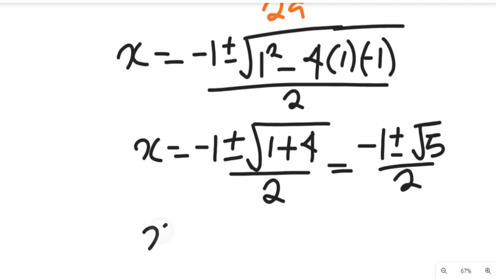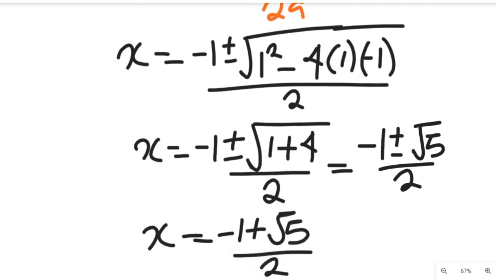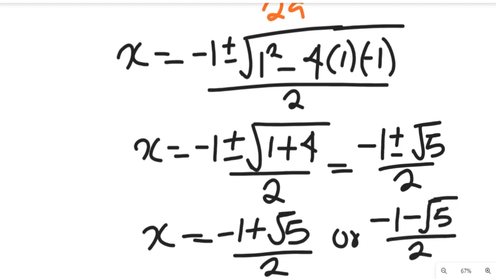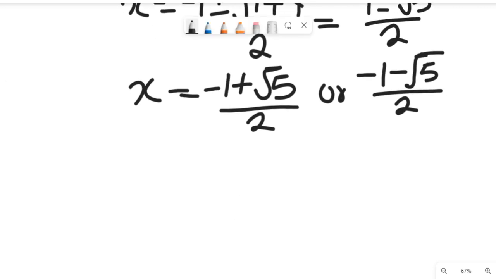So the value of x will give us negative 1 plus square root of 5 divided by 2, or we're going to have negative 1 minus square root of 5 divided by 2. Two solutions we've gotten from that quadratic function.